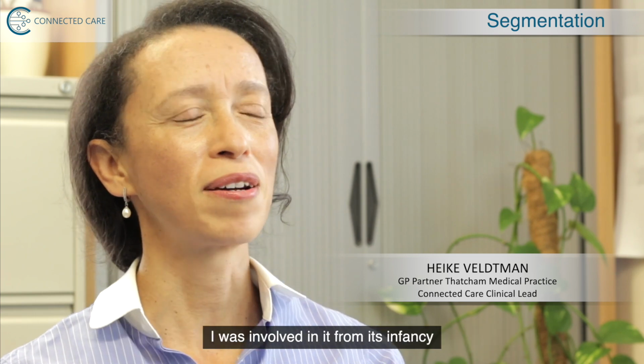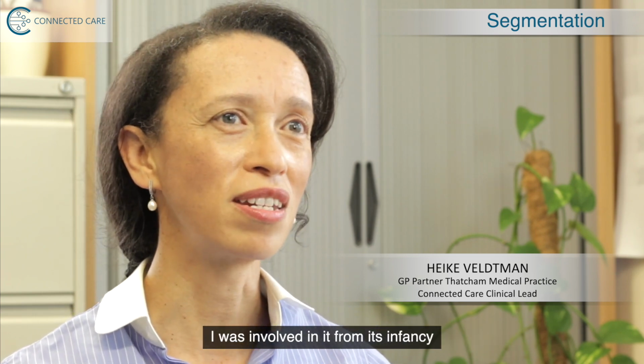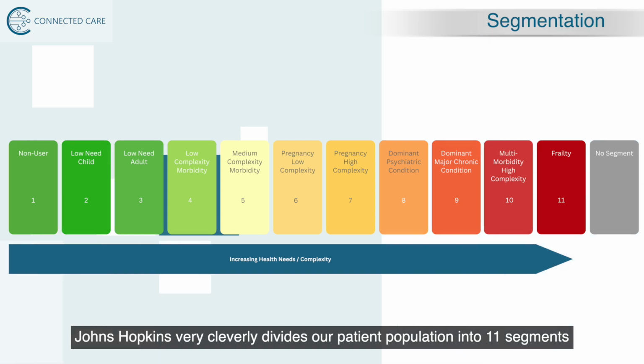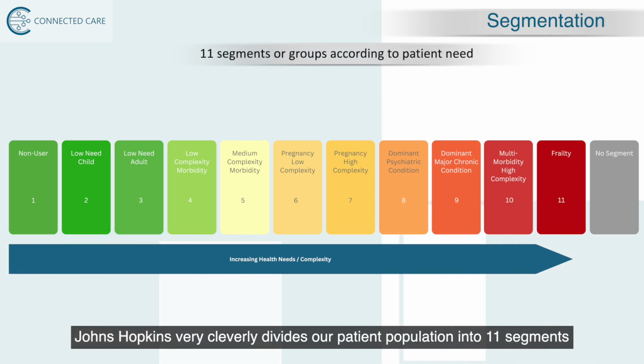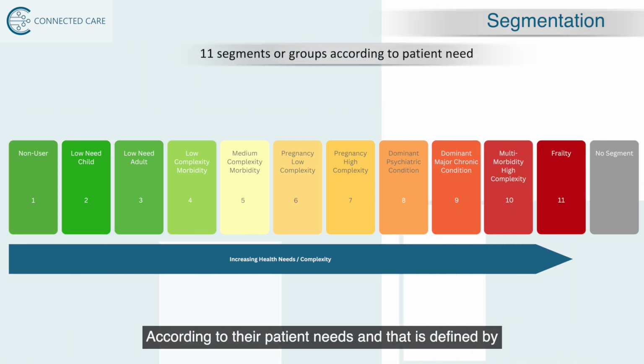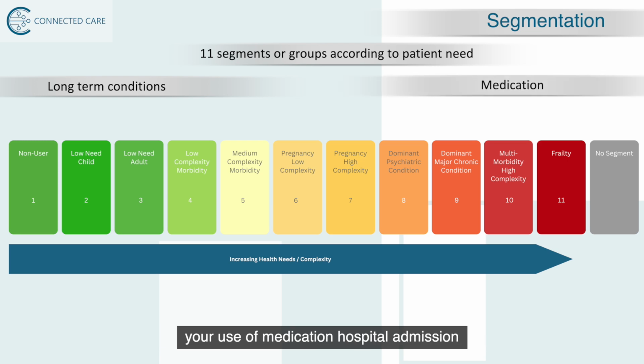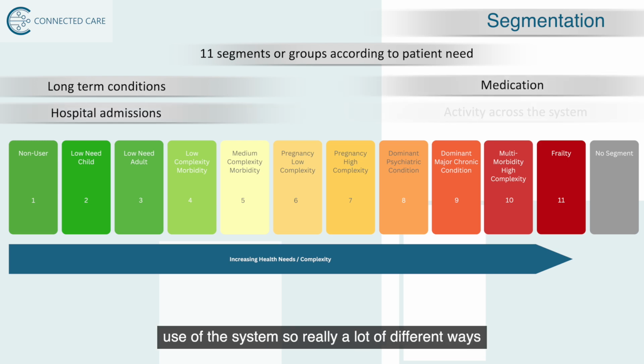As this segmentation Johns Hopkins ACG machine was developing, I was involved in it from its infancy. Johns Hopkins very cleverly divides our patient population into 11 segments according to their patient needs, and that is defined by how healthy you are or how many long-term conditions you have, your use of medication, hospital admission, use of the system.